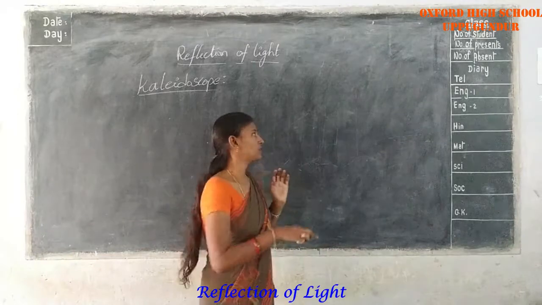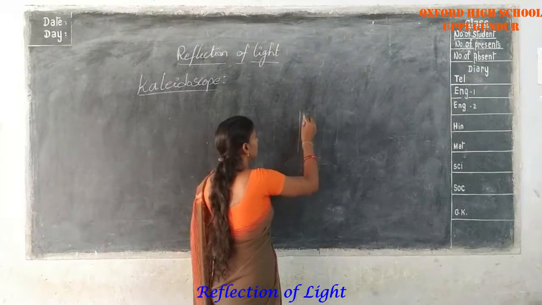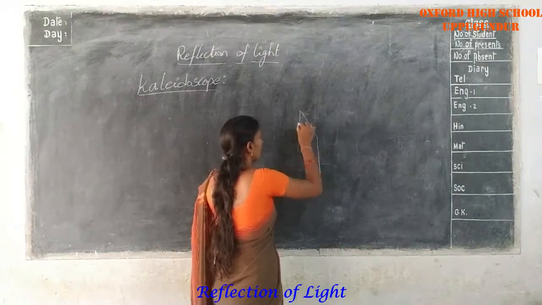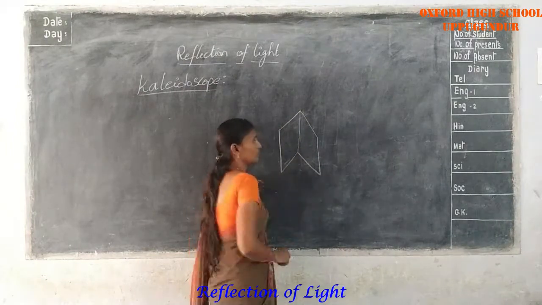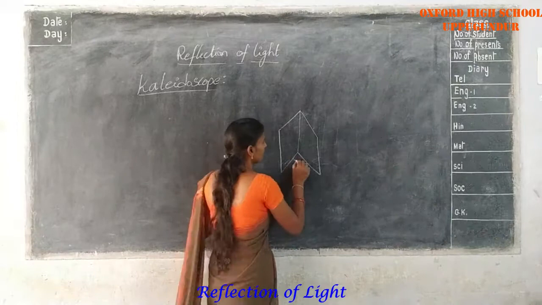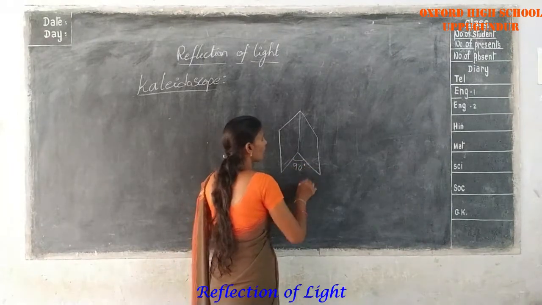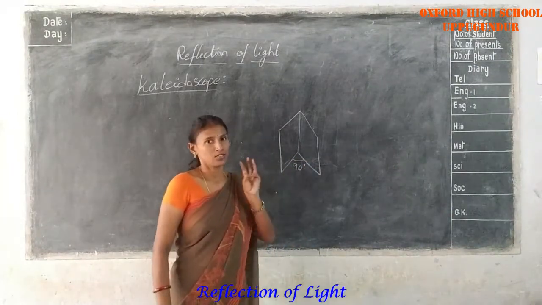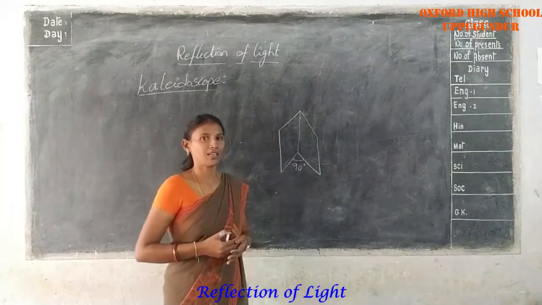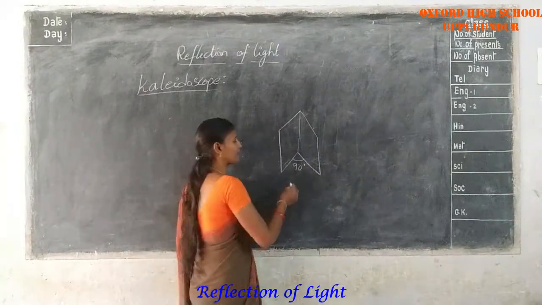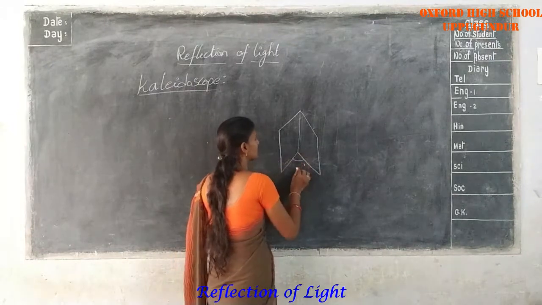Suppose we take two mirrors and consider the angle as 90 degrees. How many images are formed? Three images are formed. Suppose you decrease the angle and consider 60 degrees.